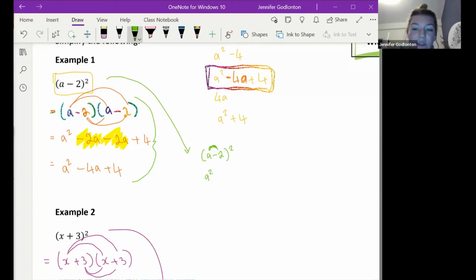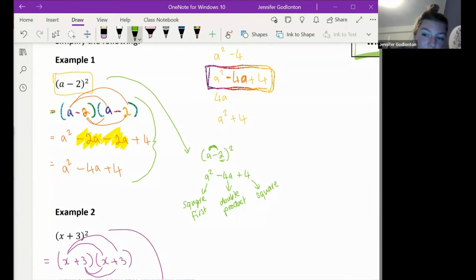So negative 2a times 2 is negative 4a, and then we square the last term. So negative 2 squared is plus 4. So we square the first, then we double the product, and then we square the last term.